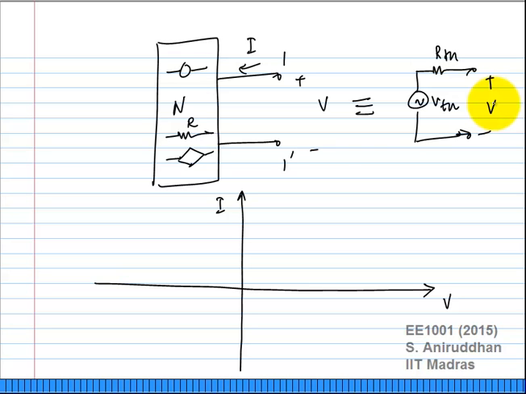And that would have been a straight line passing through the origin with slope R Thevenin. Now if you have VTH and RTH, what will you get? What kind of straight line will you get? What will be the y-intercept? Is it VTH by RTH or minus VTH by RTH?